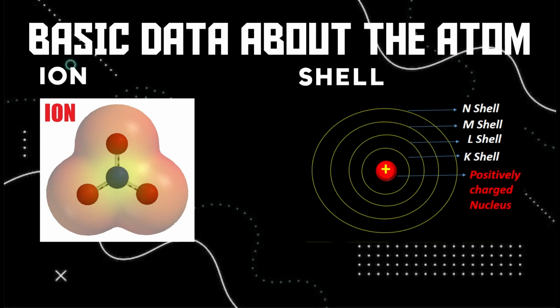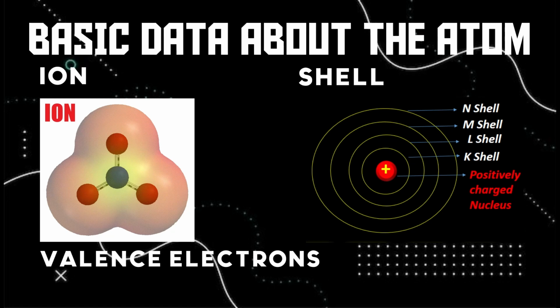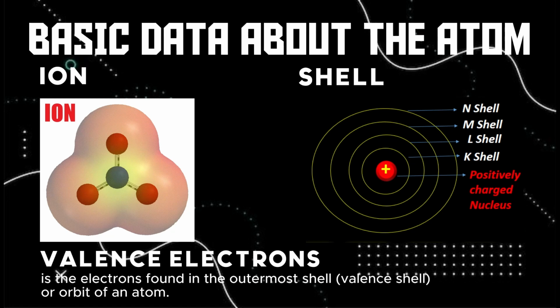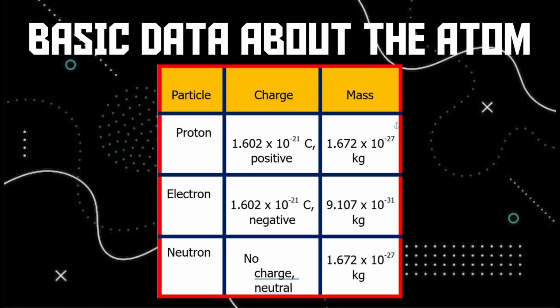The atom has 5 shells, namely the K shell, the L shell, the M shell, the N shell, and the O shell. Last, valence electrons are the electrons found in the outermost shell or orbit of an atom. Here's the table of the basic data about the atom.